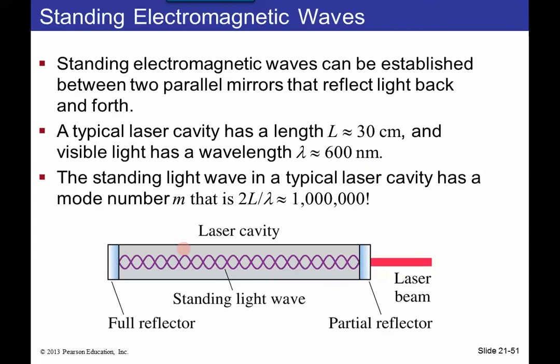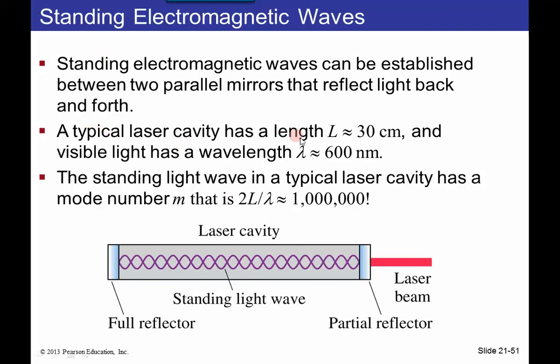Another place where you can find standing waves is electromagnetic waves. You can have a laser cavity with two reflecting surfaces, and you're going to have a standing wave, though this would be really hard to draw.